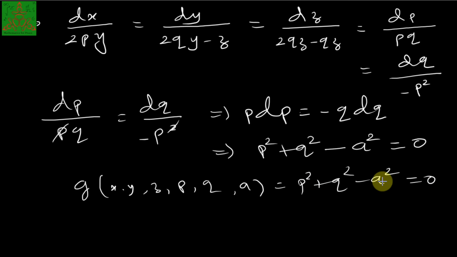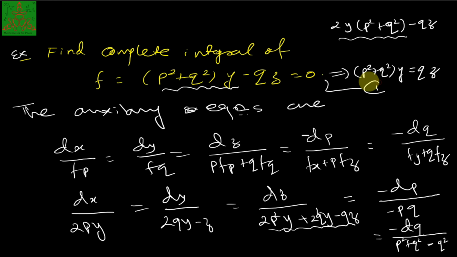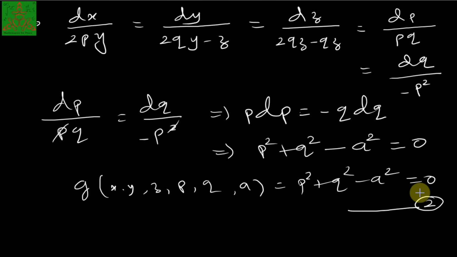Now we solve this second equation and the first equation, that is our given equation f. So we solve f = 0 and g = 0, and we need to establish the values of p and q. Let me write both equations here. (p² + q²)y = qz is given.